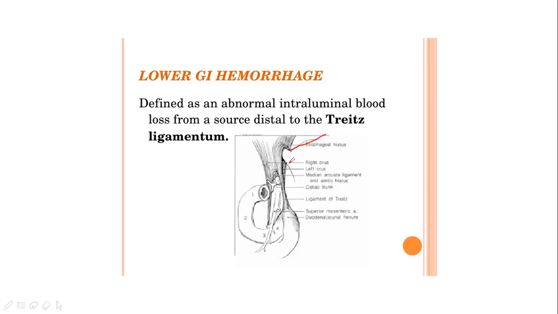The stomach connects with D1, and the duodenum ends at D4, and D4 continues to the jejunum. So this is called the DJ junction. You can see here it's the DJ flexure.